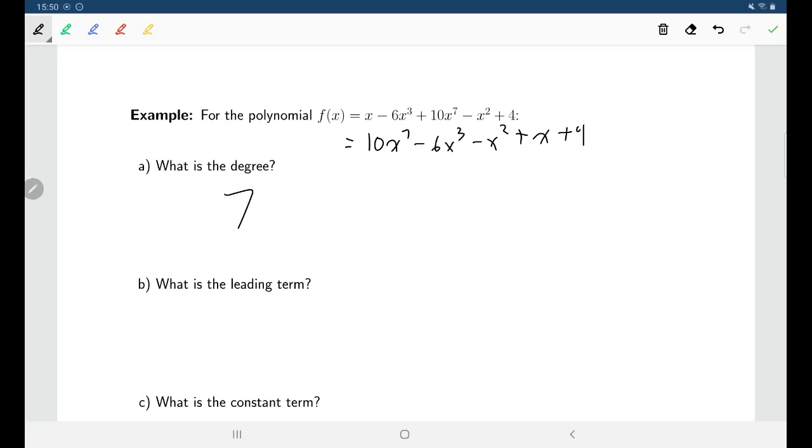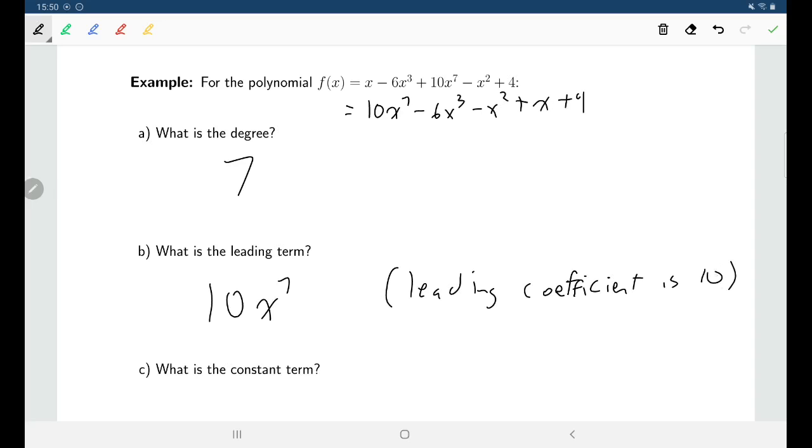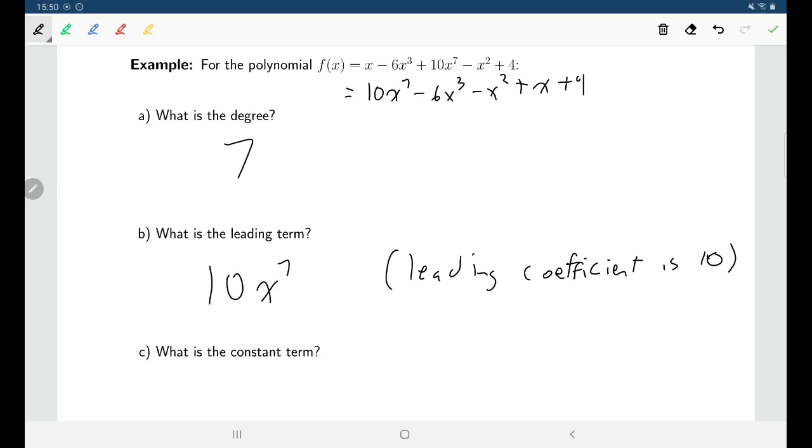In this case, the highest power of x is 7, so that would be degree 7 for this polynomial. The leading term would be that x to the power of 7 term. So you could also say that the leading coefficient is 10 for this polynomial. And then finally, the constant term that we have is positive 4.